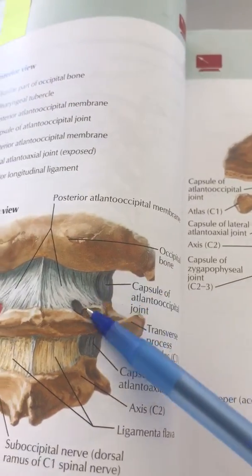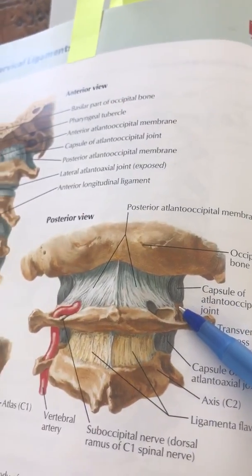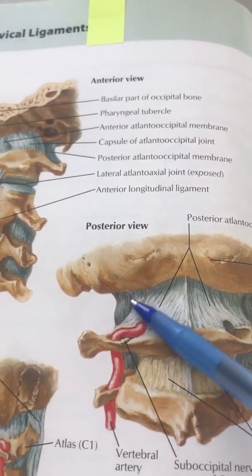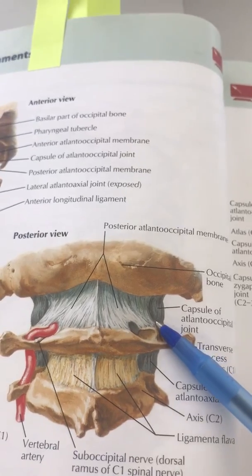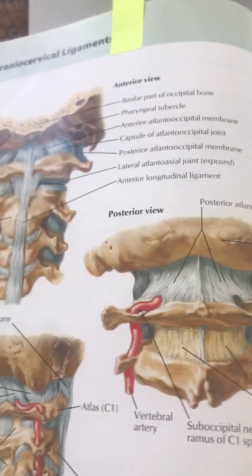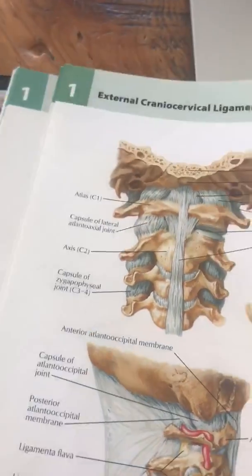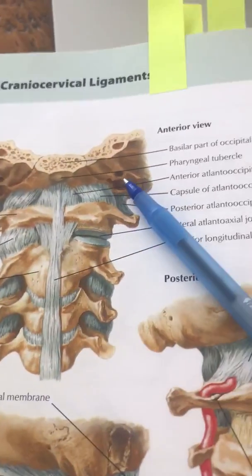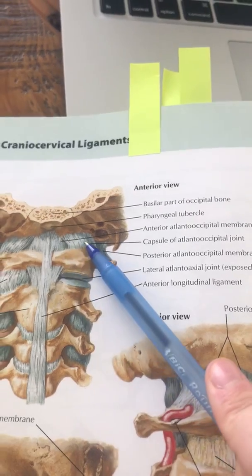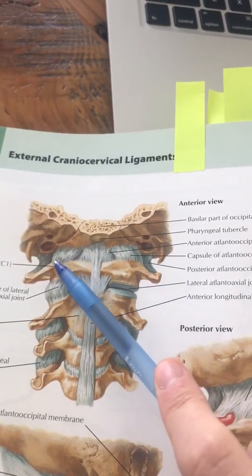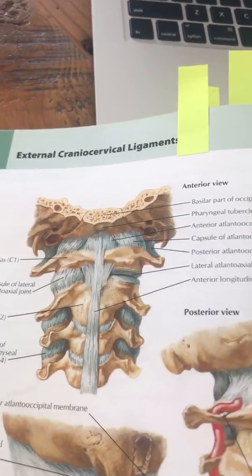And then the capsule of the atlanto-occipital joint, just these lateral kind of thickenings of the joint capsule, are the lateral atlanto-occipital ligaments. So same thing. And then anteriorly, we have the anterior atlanto-occipital membrane. And then these would be those lateral thickenings of the joint.